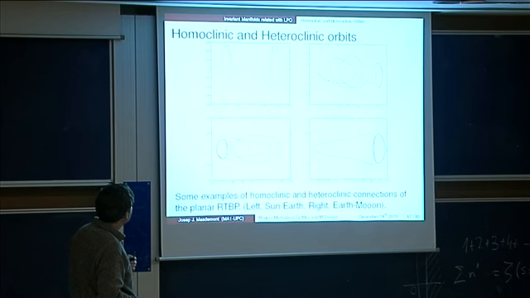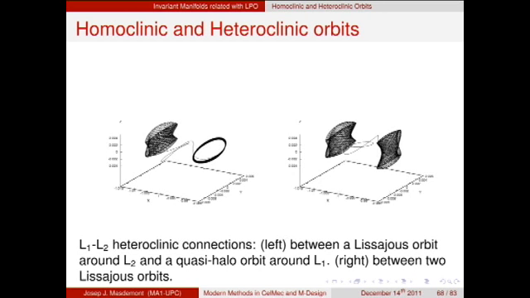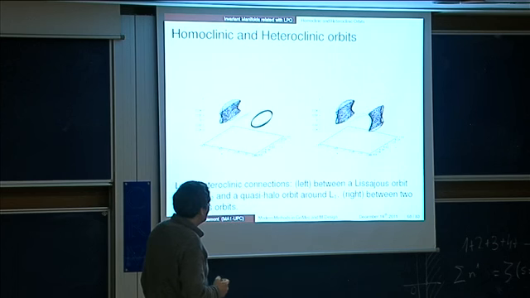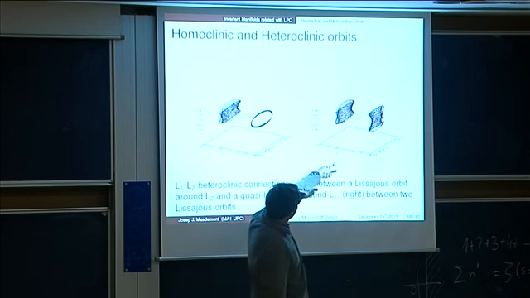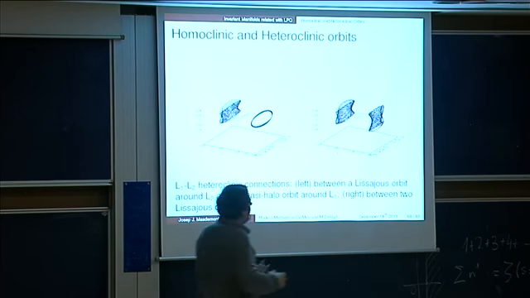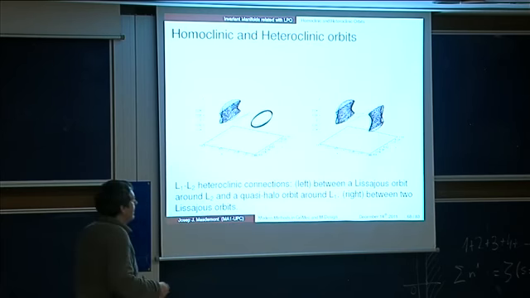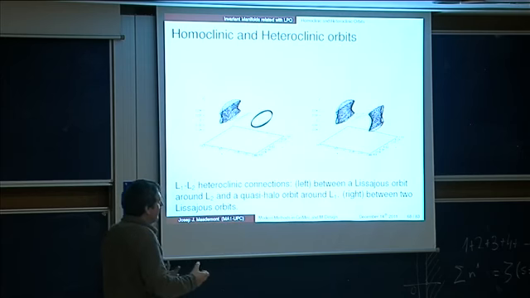I'm going to skip this. This was essentially the 2D case. Also, these kinds of things can be generalized in some way, in a non-trivial way, to the 3D case. For instance, when we connect two Lissajous orbits, we are looking for intersections of manifolds of three-spheres that are normally parabolic.